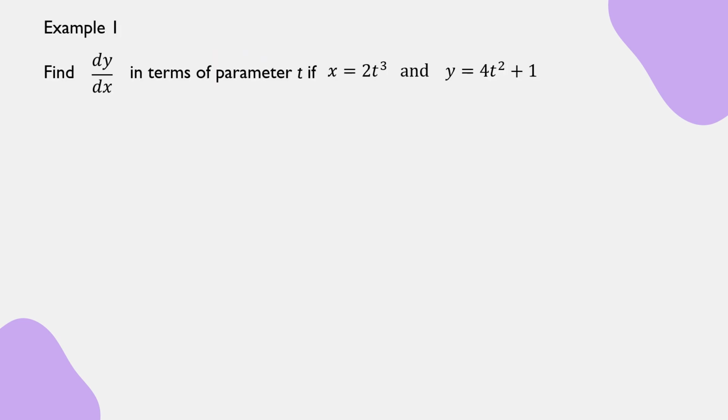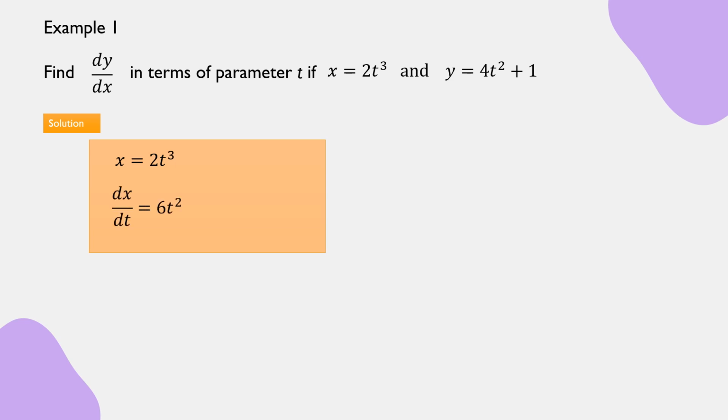Okay, example 1. Find dy/dx in terms of parametric t if x equal to 2t cubed and y equal to 4t squared plus 1. First, we find dx/dt. x equal to 2t cubed. If we differentiate with respect to t, we get dx/dt equal to 2 times 3, 6, and then the power of t reduced to 1.